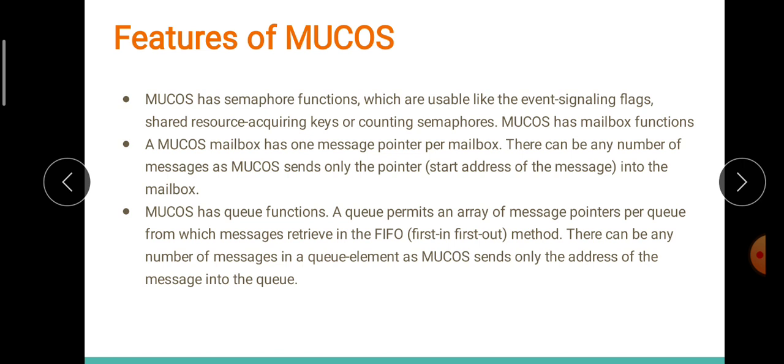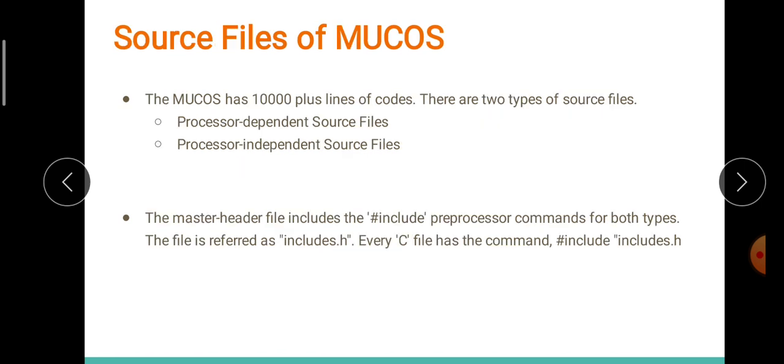In the coming part of this session and the coming video sessions, we shall see the source files and very important functions which are being used in MUCOS. So to begin with the source files of MUCOS, as we started with MUCOS, we said that they have a beautiful set of codes.